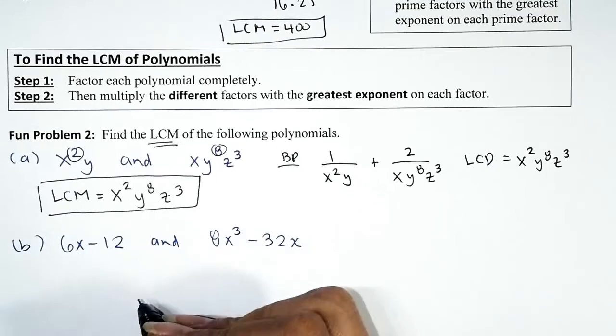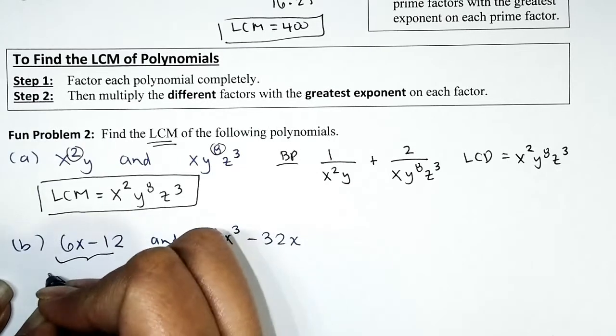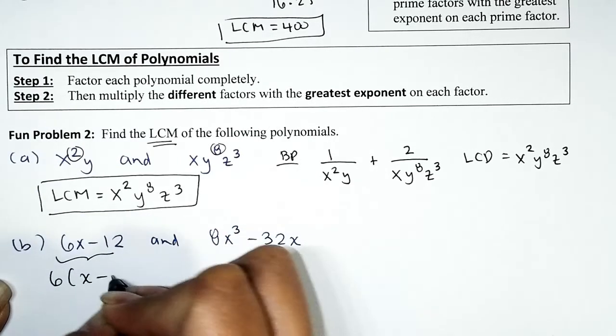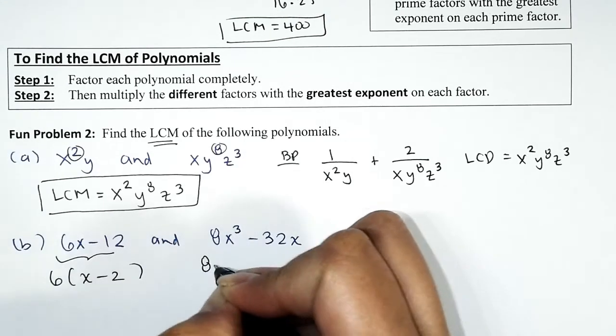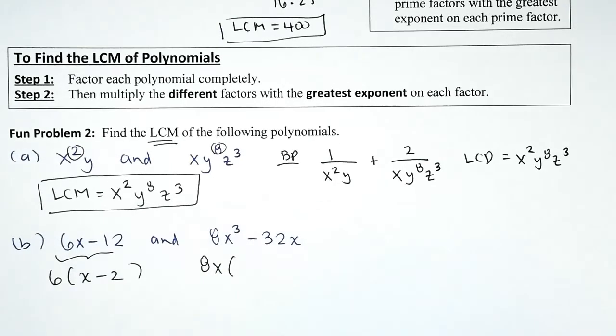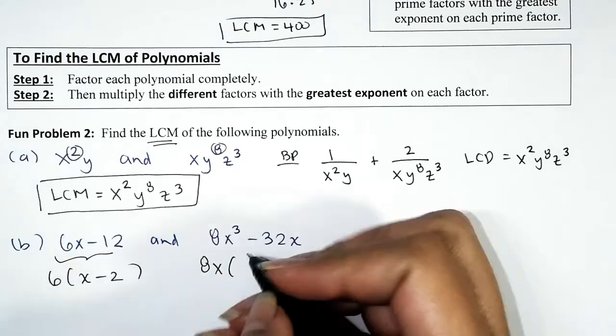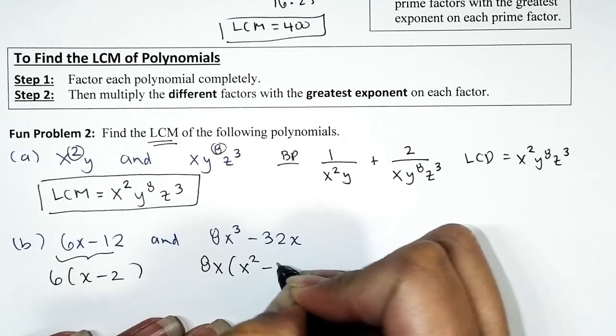Looking at the first polynomial, the greatest common factor is 6, and when we factor it out, that will leave us with x minus 2. That's it, we can't break it down because the degree is 1. For the second polynomial, I believe the greatest common factor is 8x, and when we factor it from the expression, that will leave you with x squared minus 4.